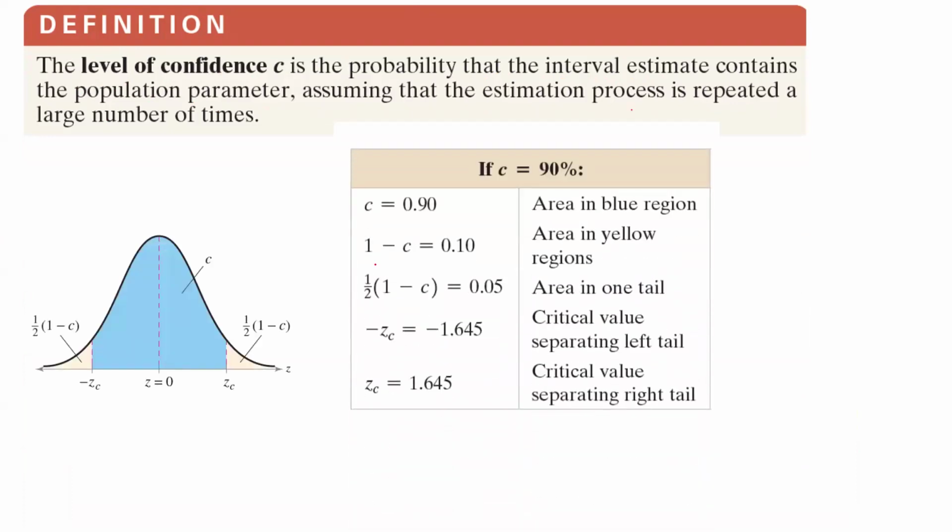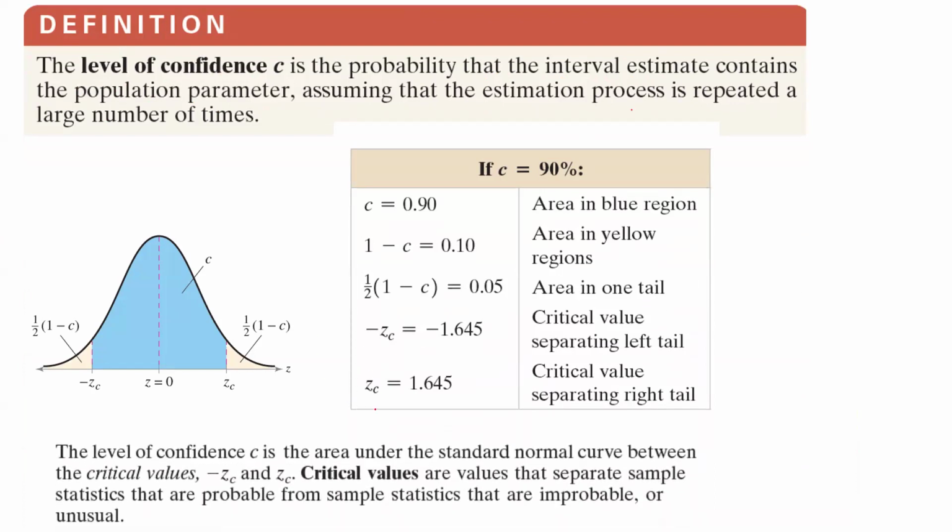In the next step, we need to find the critical value. For a proportion, the critical value is basically Z sub C. Remember the definition of critical value. The level of confidence C is the area under the standard normal curve between the critical values, negative ZC and positive ZC.